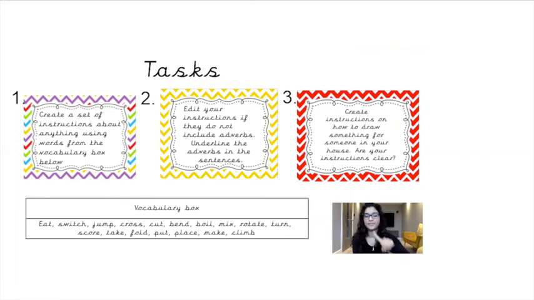Task number 1, you're going to create a set of instructions about anything, and you're going to be using words from the vocabulary box below. So I will now read out the words that are in the vocabulary box.